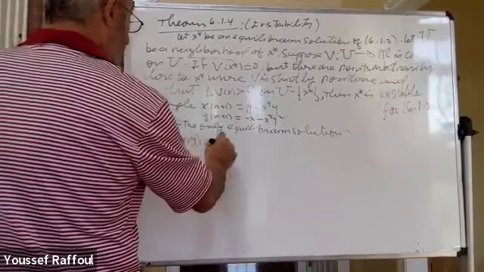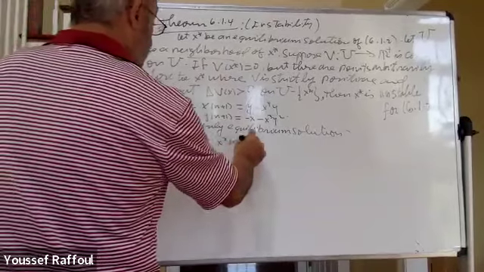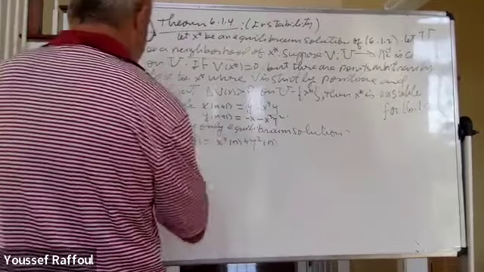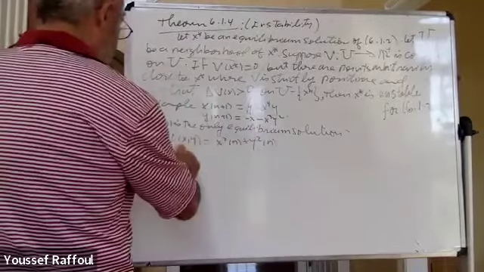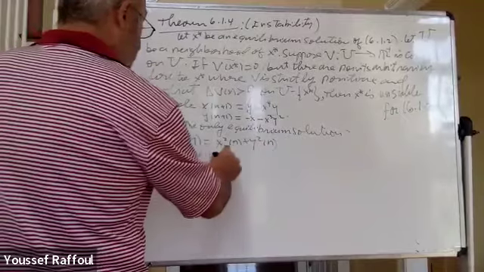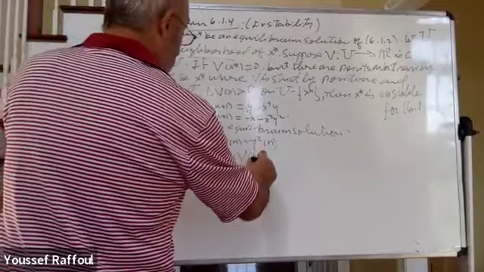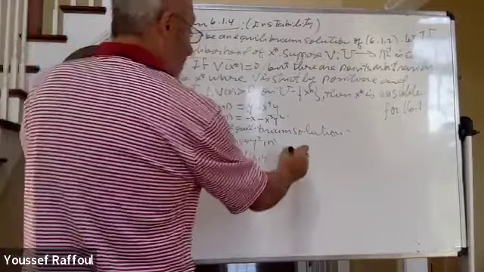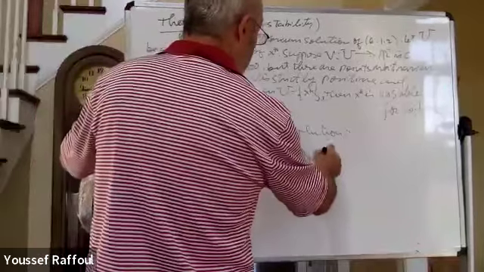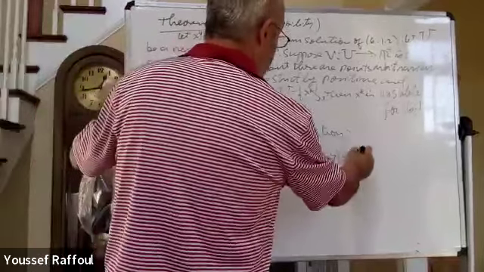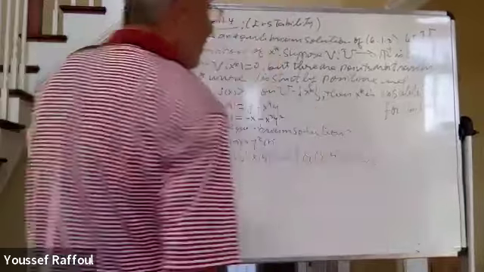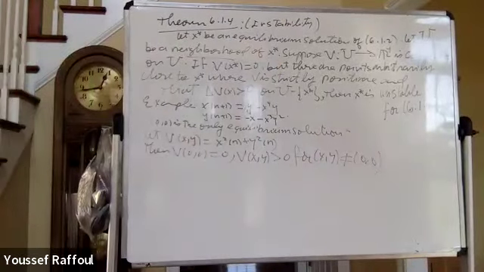So we're going to let V of (x, y) equal x squared of n plus y squared of n. Then V of (0, 0) is 0, and V of (x, y) is positive for (x, y) not (0, 0). Okay?